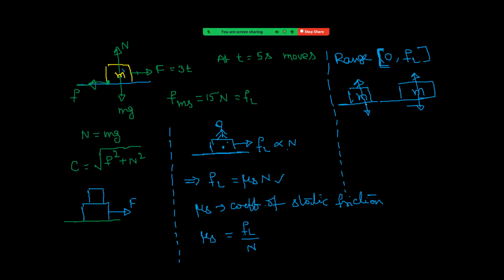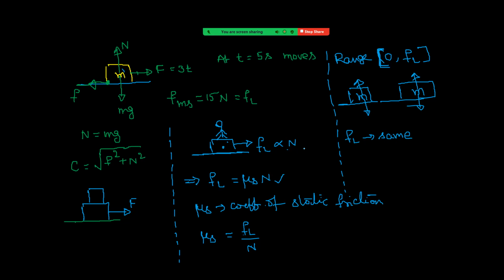But in one case, area of contact is less. In the other case, area of contact is more. But in both cases, normal reaction is the same. That means in both cases, limiting friction is the same. Getting it? So here what I'm saying is that limiting friction does not depend on area of contact. It depends on normal reaction.